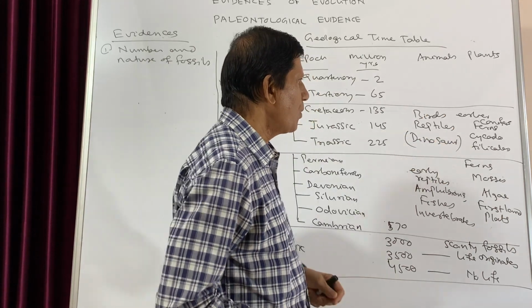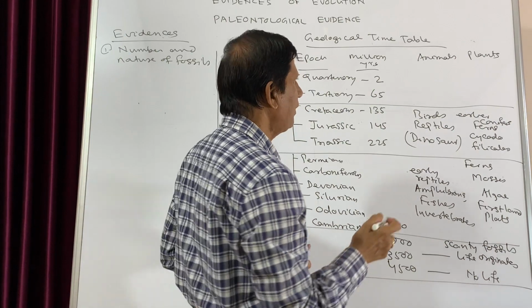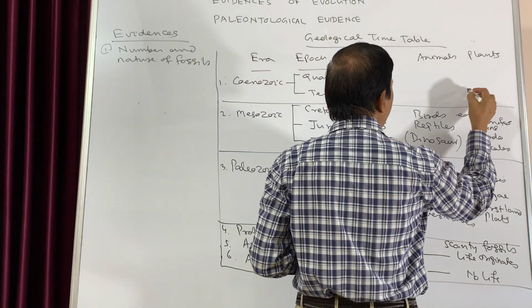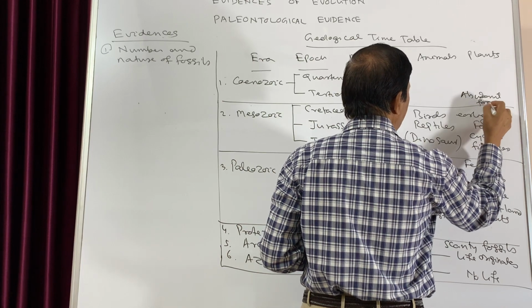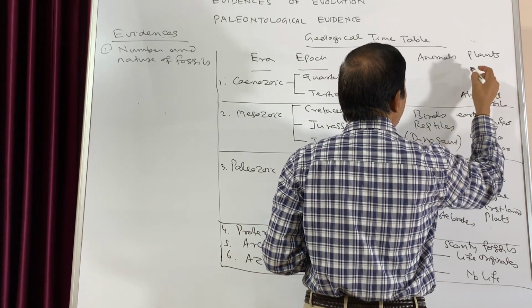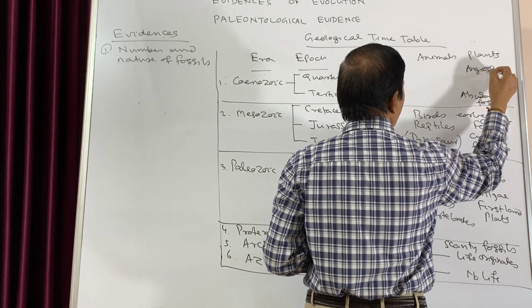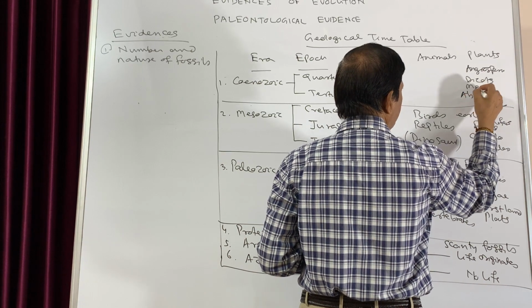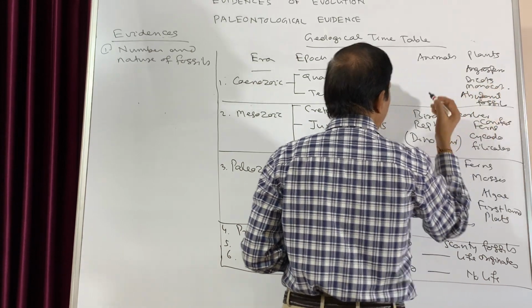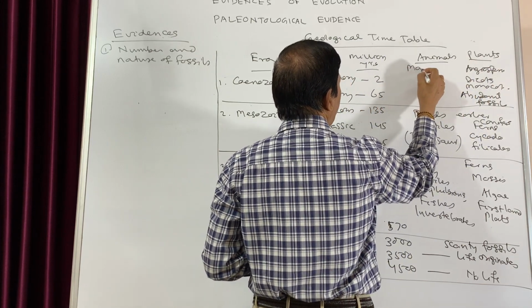While in this Cenozoic period, again we will get different abundant fossils. So in this period we will get the angiosperms. Angiosperms means dicots, monocots, and on the animal side we will get man.